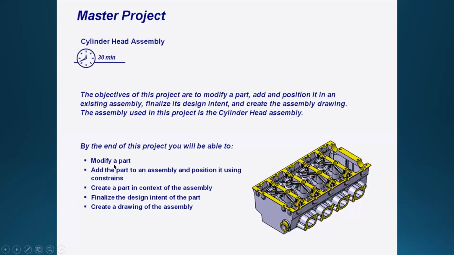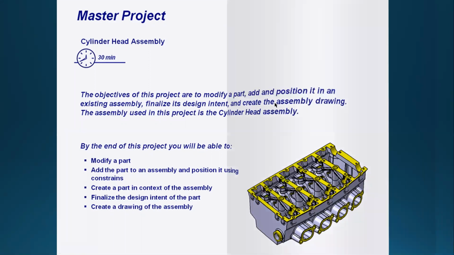After completion of this use case, we will know how to modify a part, how to add a part to an assembly, how to change the position using constraints, create a part in context of the assembly, and finalize the design product part.